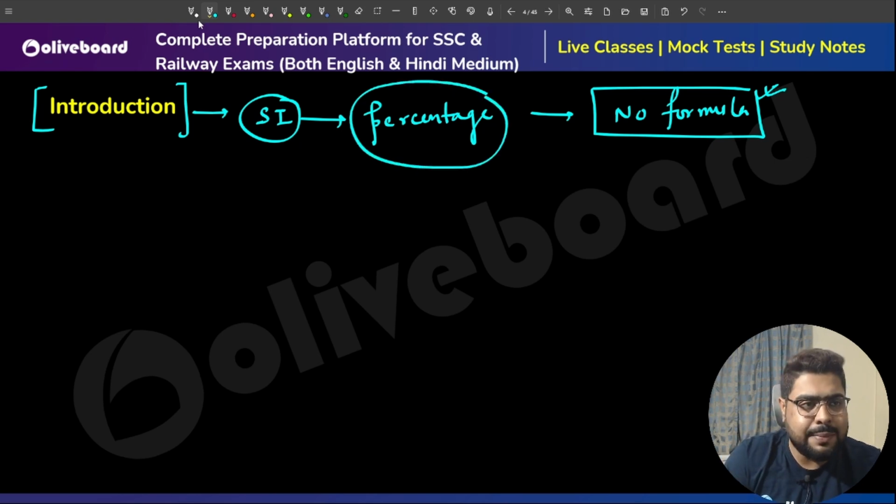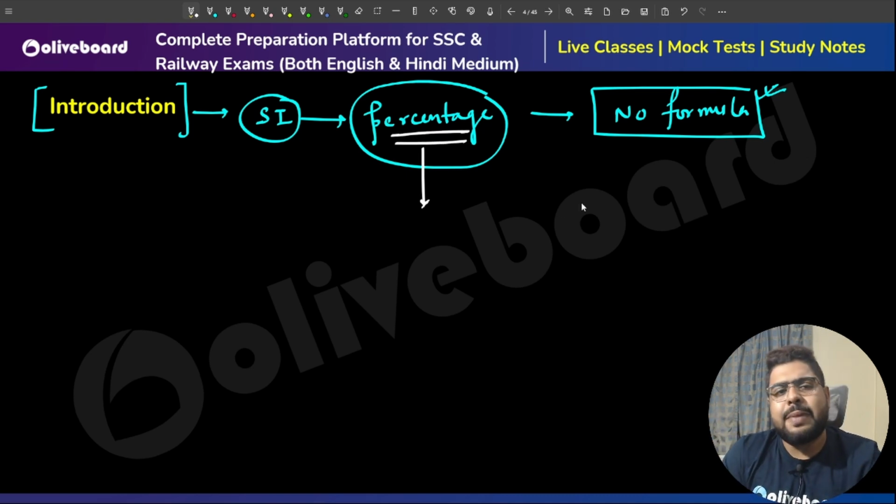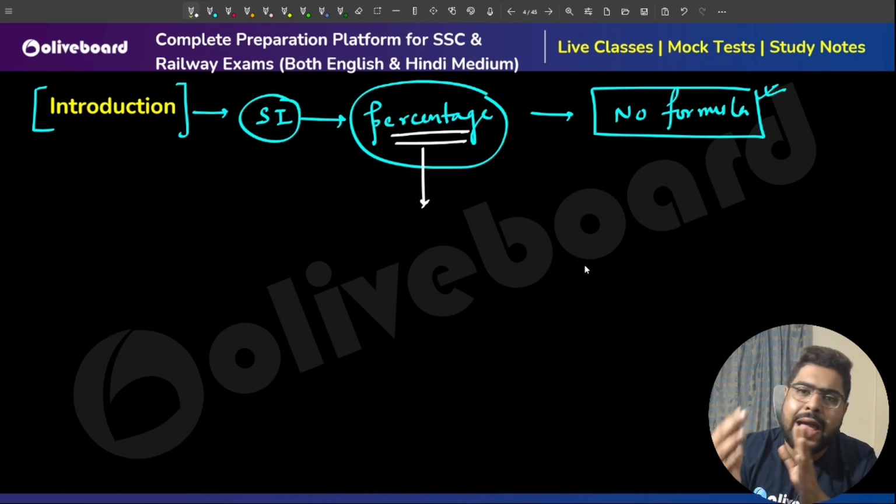For those who are new, this particular approach might be a little new for some of you, but once you get the hang of it and understand the approach clearly, you will never go back to the formula part. That much I can promise all of you. So without wasting any more time, let's move into the questions.